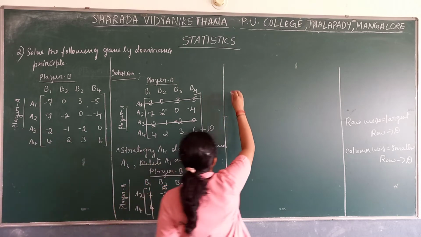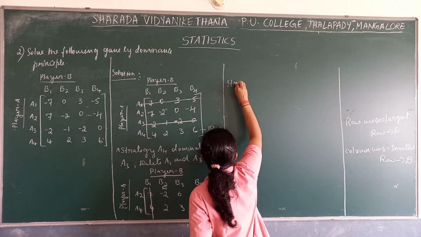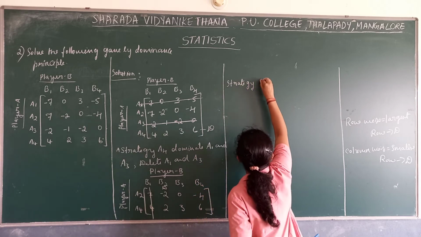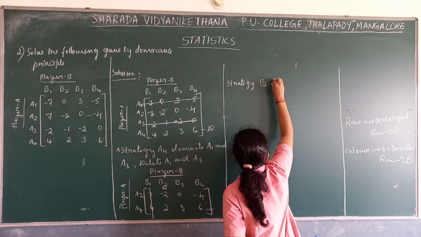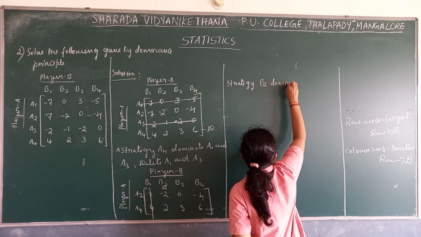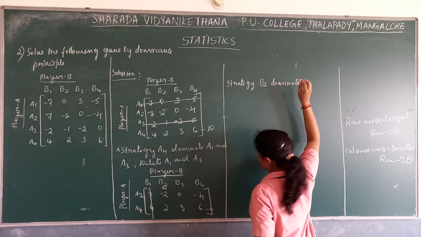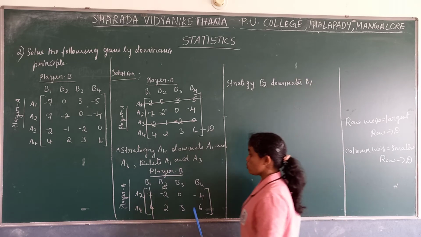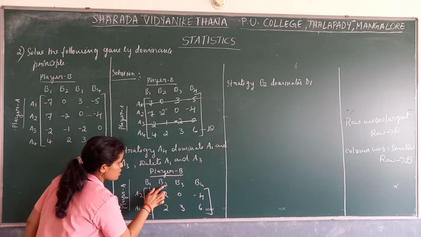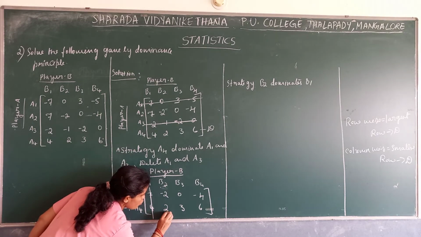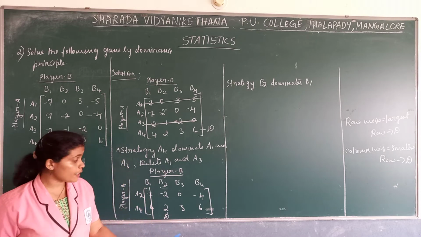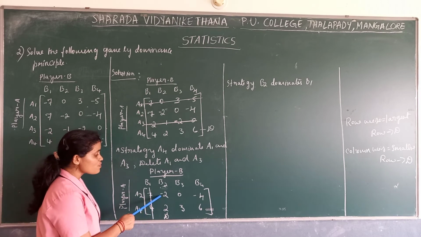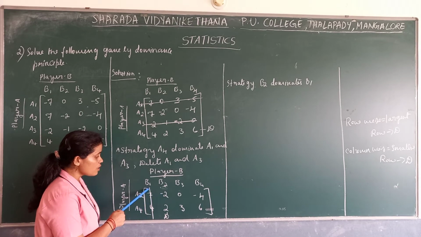Now see, strategy B2 dominates B1. Now we got one column as a dominating column. No need to write the D here, this is for your understanding. I am writing: we got B2 as the dominating column since it is smaller than B1.